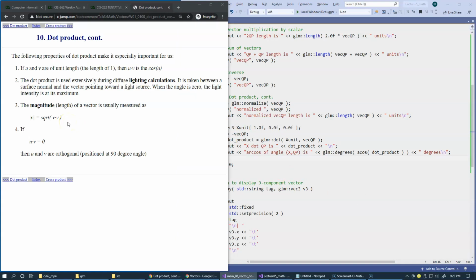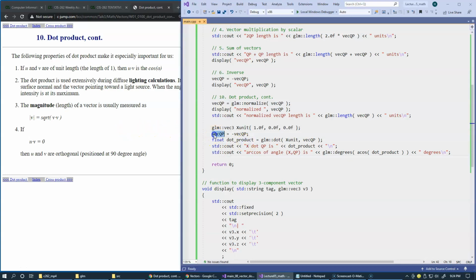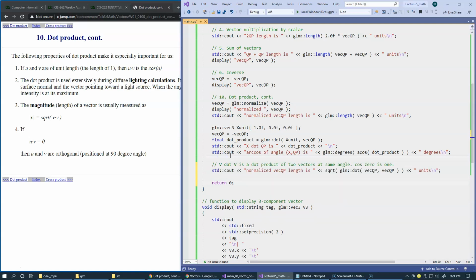Another property of the dot product is that the magnitude or length of a vector can be measured as the dot product of the vector with itself, and then computing the square root of this value. Because our vector QP is already normalized, we can try this formula.